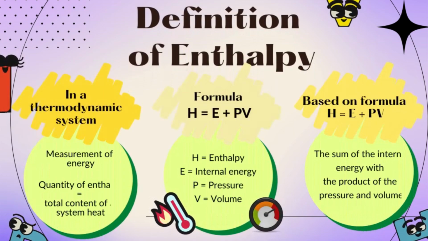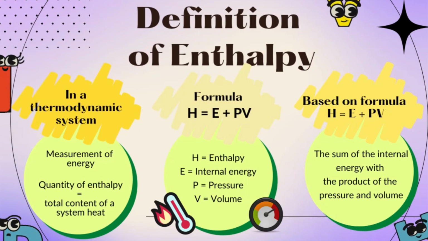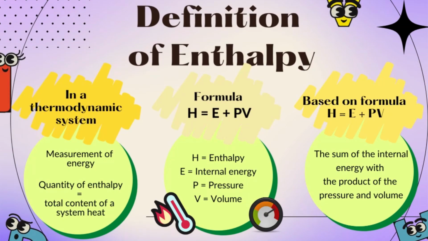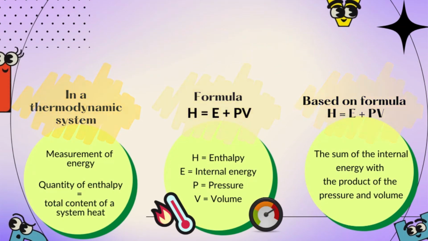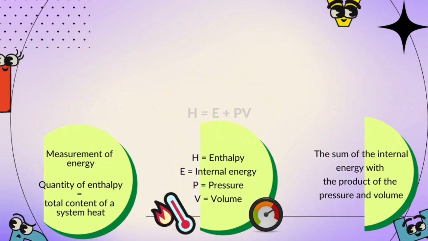There is a formula for enthalpy, which is H equals E plus PV, where H is the enthalpy, E is the internal energy of a thermodynamic system, P is the pressure, and V is the volume. Based on the formula, we can define enthalpy as the sum of the internal energy and the product of the pressure and volume.